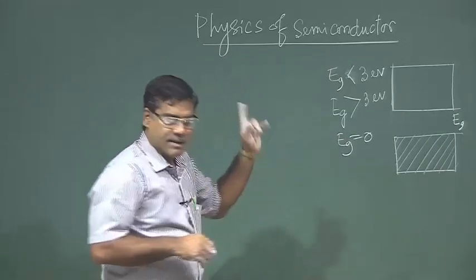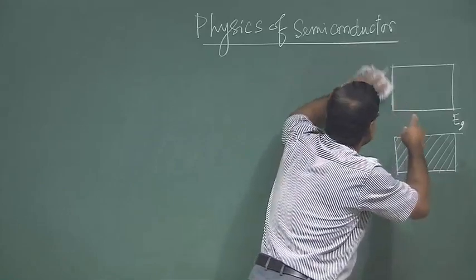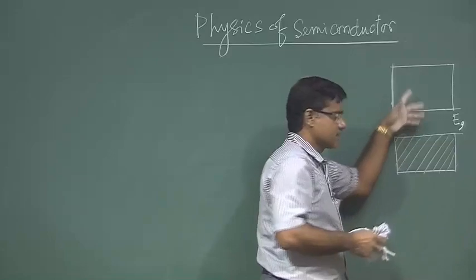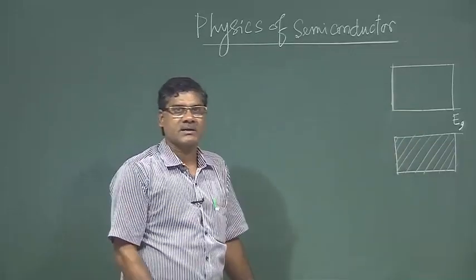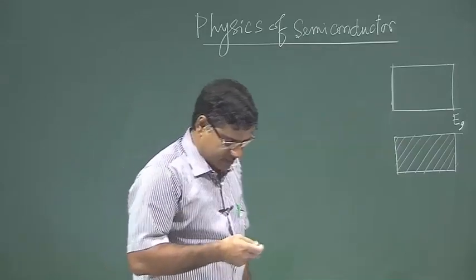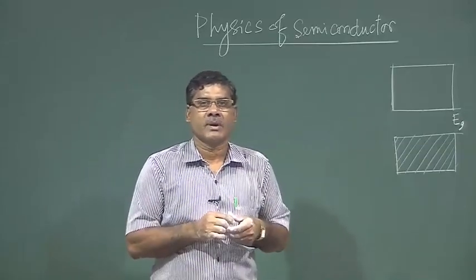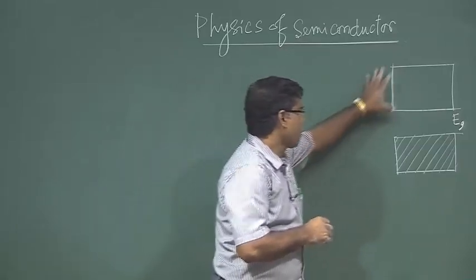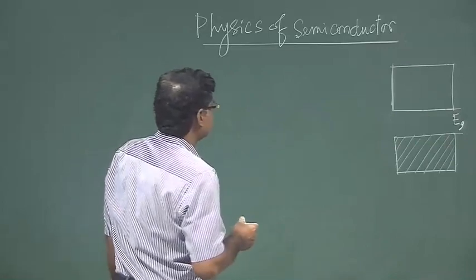Okay. So, in semiconductors, this band structure, this concept of band that we got from the band theory of solids, will be useful to explain the physics of semiconductors, meaning the different properties, mainly electrical properties, that a semiconductor shows. That will be explained based on this band structure.